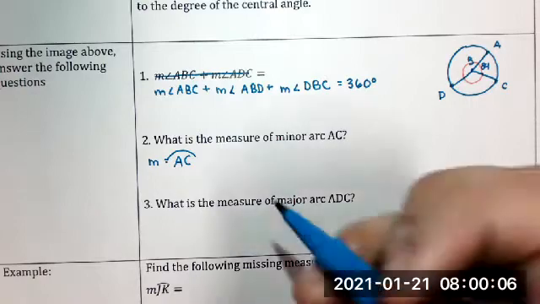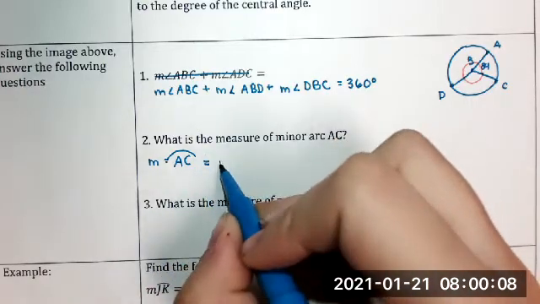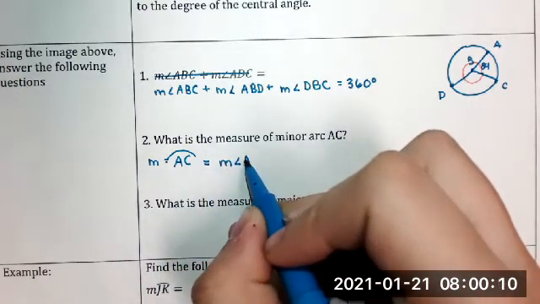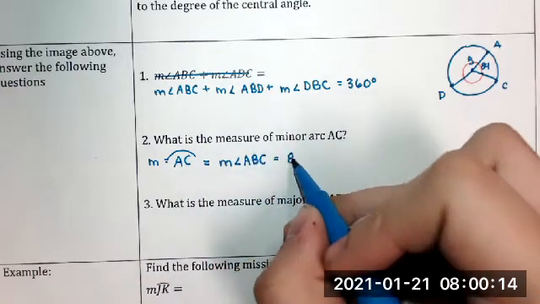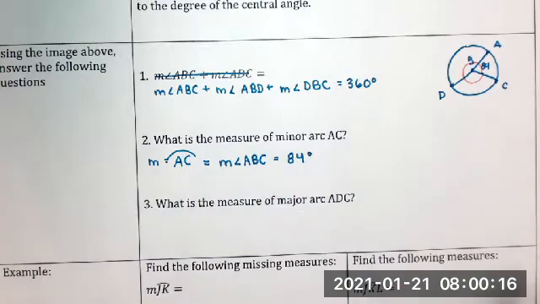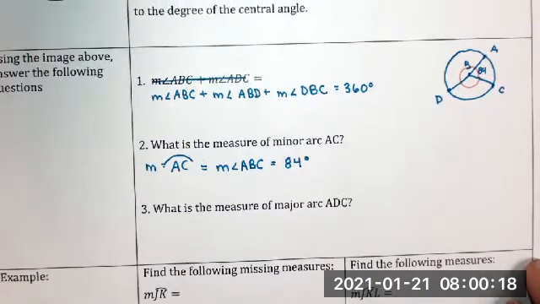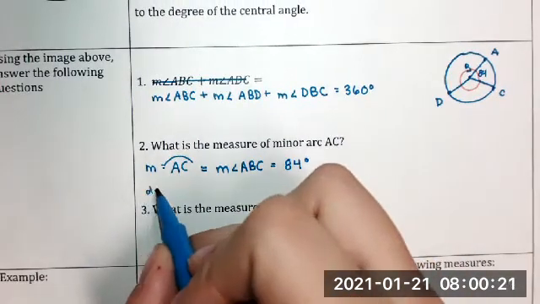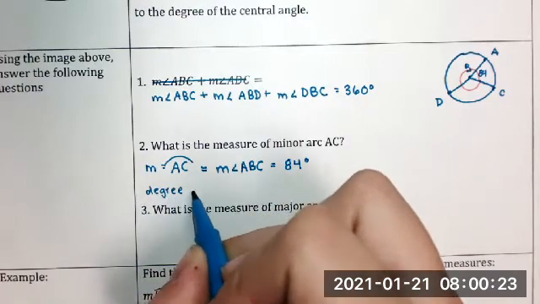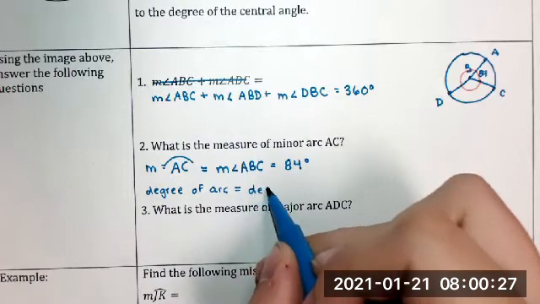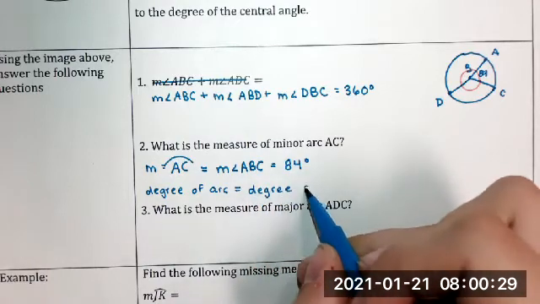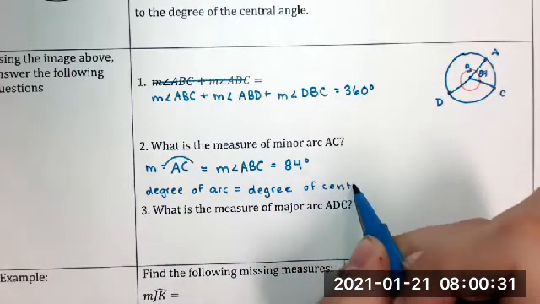The measure of AC is the same as the measure of angle ABC, that central angle. And those are both 84 degrees. So this is demonstrating that the degree of the arc is equal to the degree of the central angle.